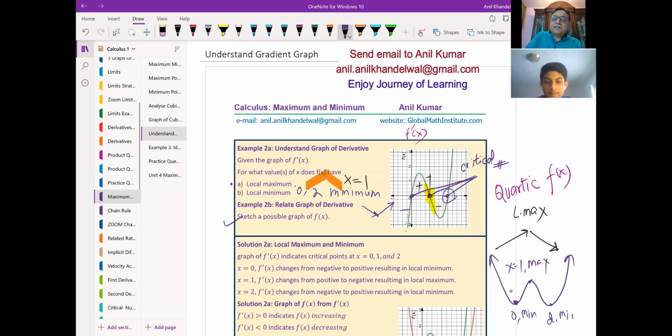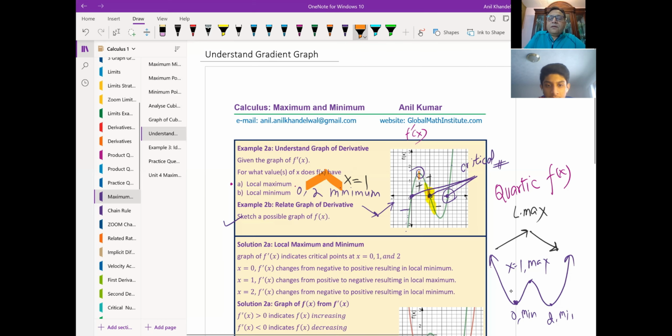Now, the maximum rate of change is at this point, right? Maximum rate of change corresponds to the point of inflection of concavity. So at this point, which is between 0 and 1, which is 0.5, let me just highlight this point.